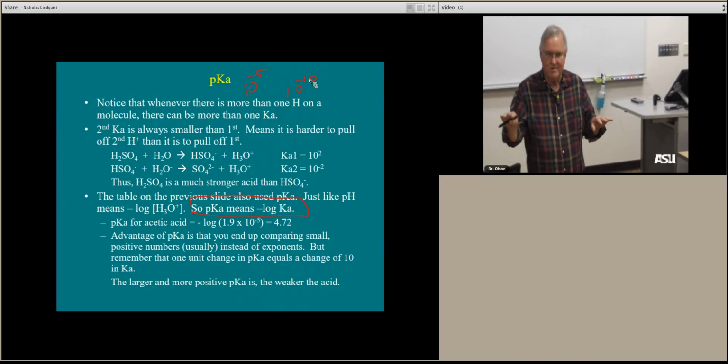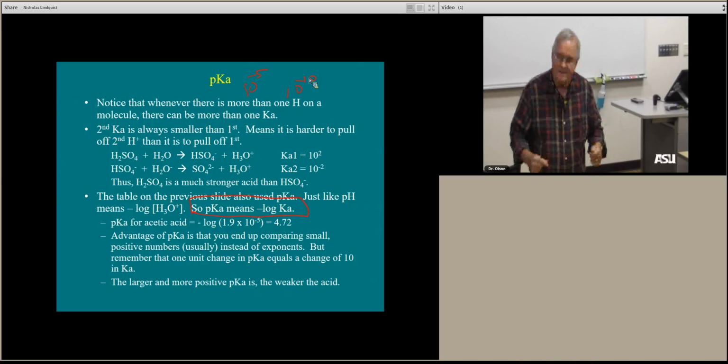It's more completely dissociated. The one at 10 to the minus 10 doesn't go very far. At equilibrium, there's not very much product. It's mostly reactant. So an equilibrium constant of 10 to the minus 10 is a weaker acid than an equilibrium constant of 10 to the minus 5.